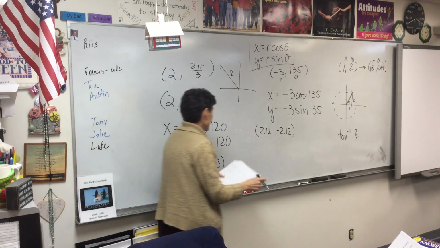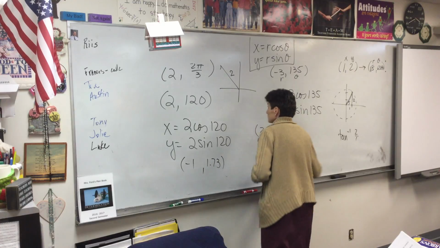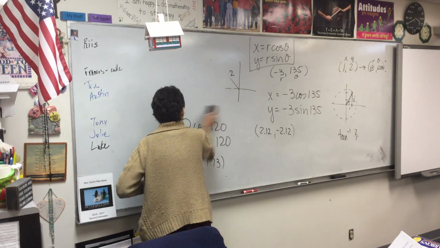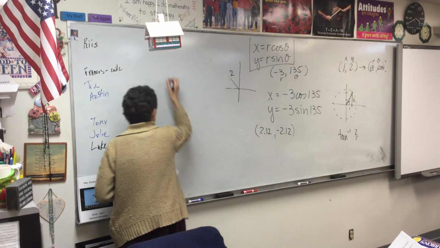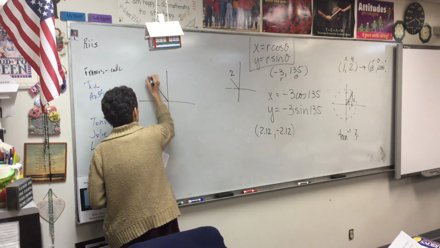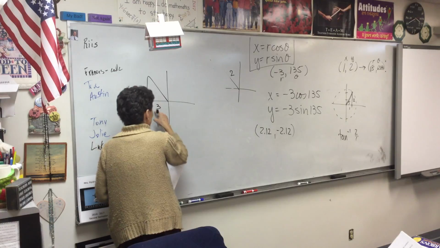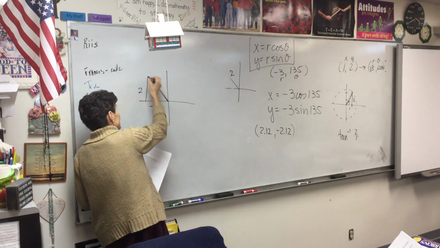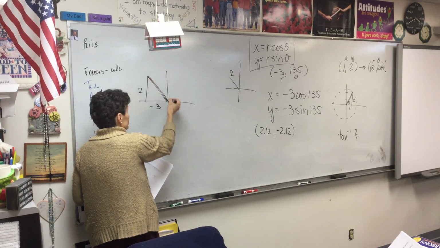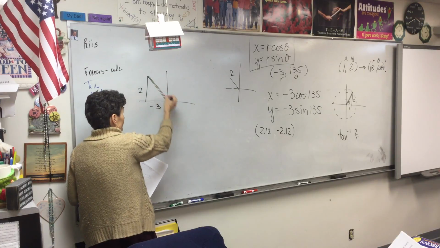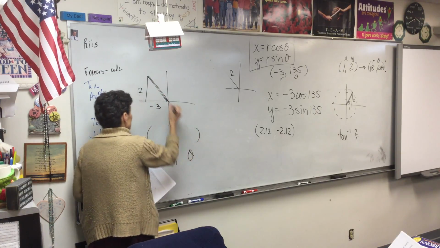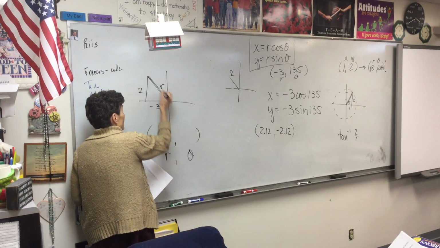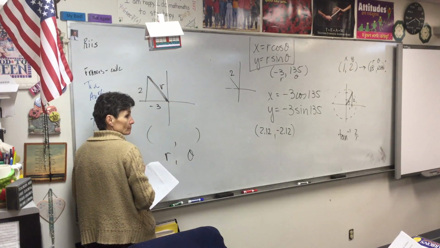How about the next one, -3, 2? Think of that as x and y, because that's what it is, -3, 2. That's your x and your y. This is your r. What's my r going to equal? This is my r right here. What's that going to equal?